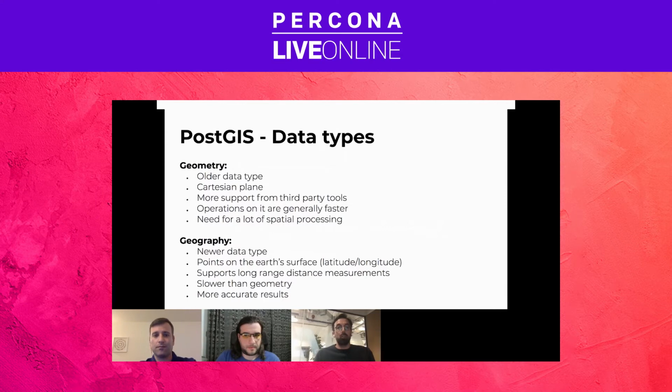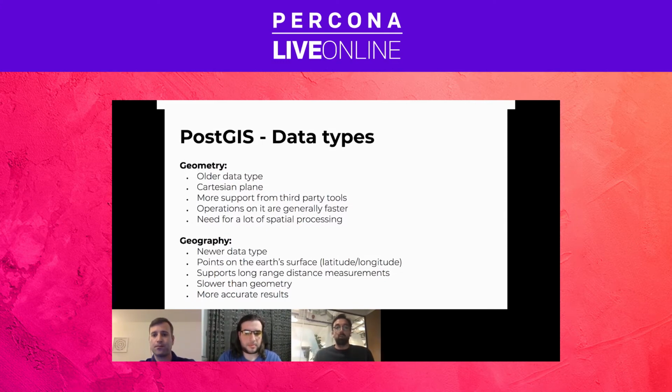PostGIS gives you a choice of 2 different ways to store geospatial data. One is geometry. It is an older type that has many more functions supporting it. It assumes all of your data lives on a Cartesian plane, so it's like a map projection.